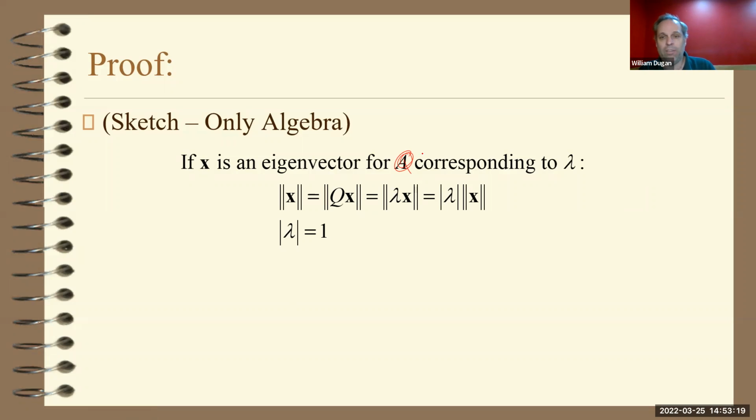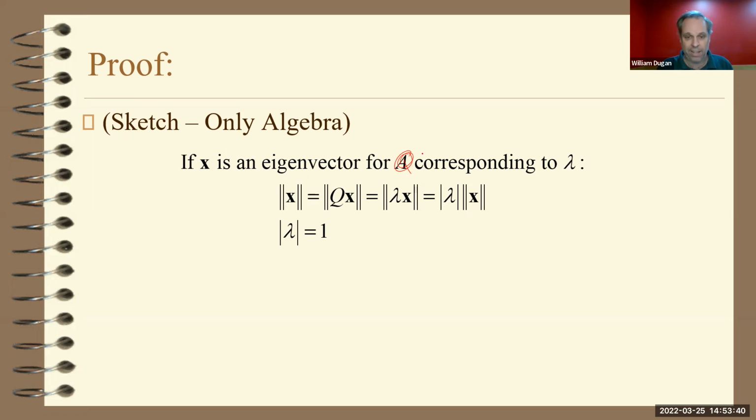But Q times X is lambda times X because X was an eigenvector for the eigenvalue lambda. But then you have lambda times X in a length. So you can take the scalar lambda out of that length operation to get the absolute value, or the magnitude, of the eigenvalue times the length of X.